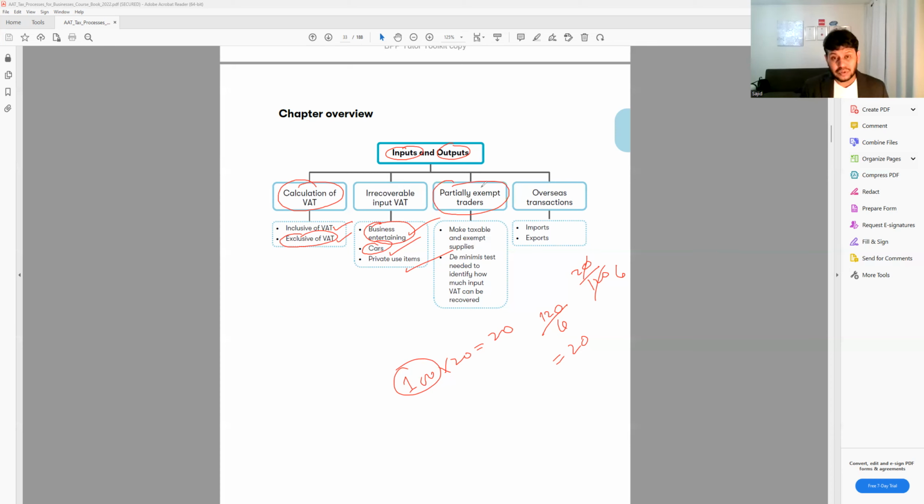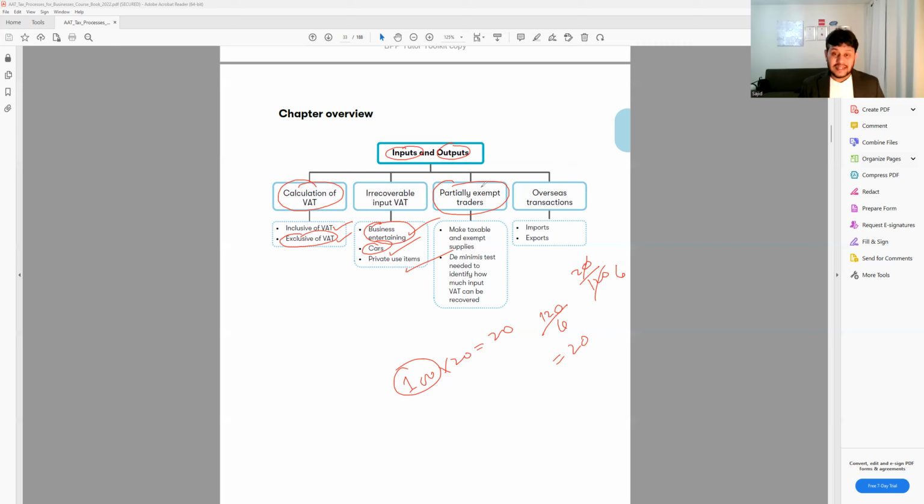For example, if you go to Tesco, you will see a lot of products have VAT and some products don't have VAT because they are exempt supplies. For example, children's clothing or children's milk, these sorts of products are exempt from VAT, or non-luxury things. So for this sort of thing, there is no VAT. So it is possible for one business to have a mixed supply.